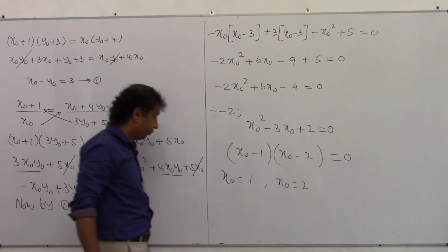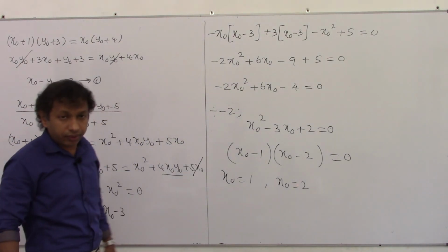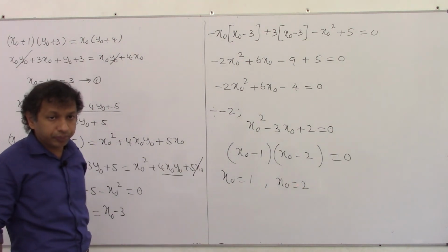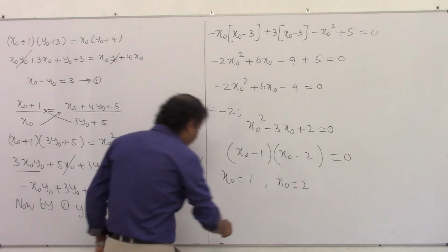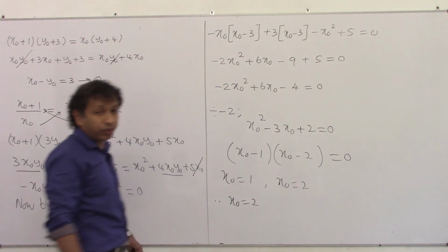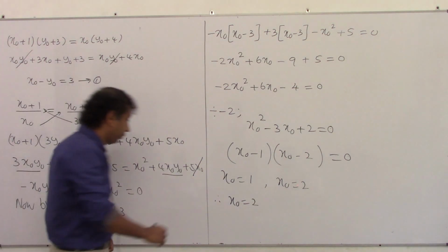x naught is 1, x naught is 2. This x naught 1 means, people, the previous point's x coordinate. Then the other point should be given by x naught equals 2. Okay? Therefore, x naught is 2. Then the corresponding y value you can find, people, putting that here. By 1, okay.